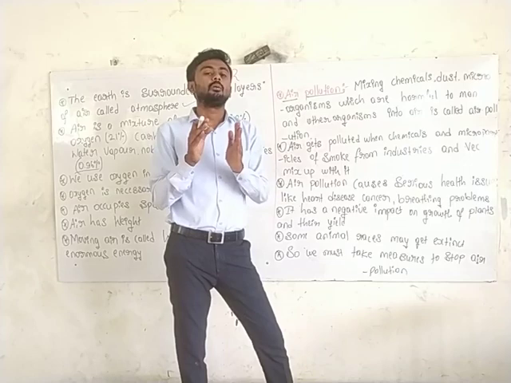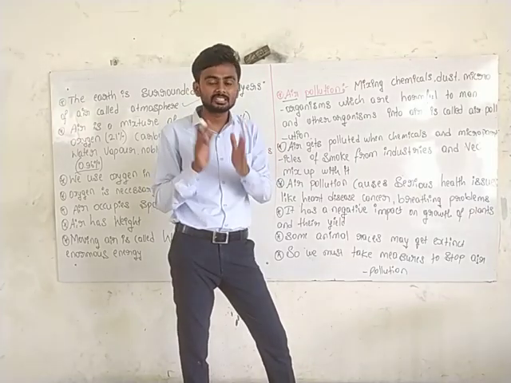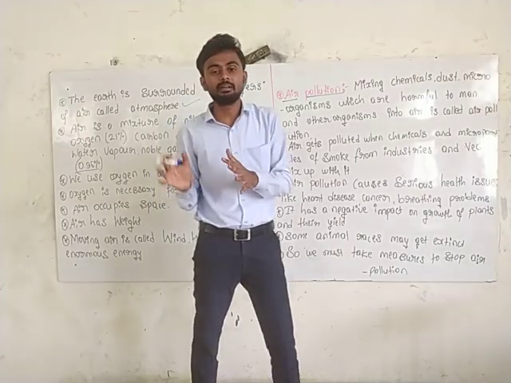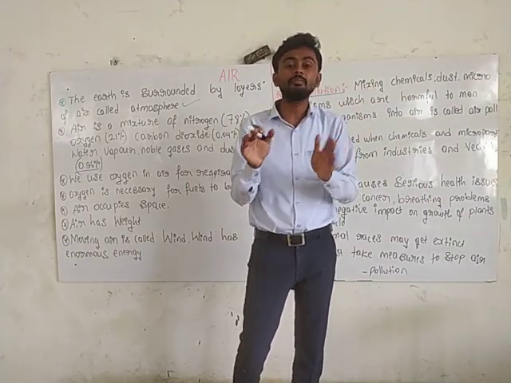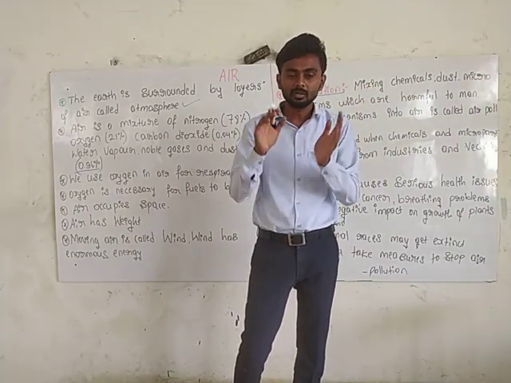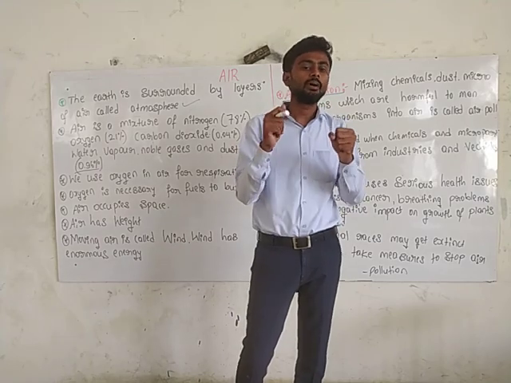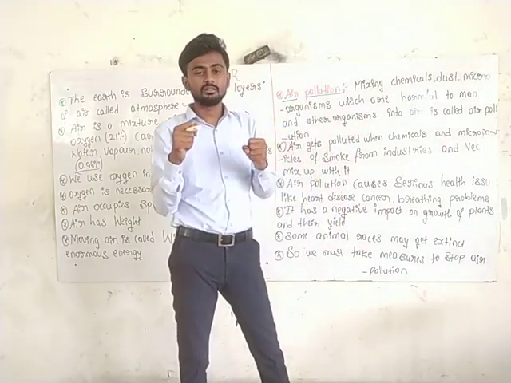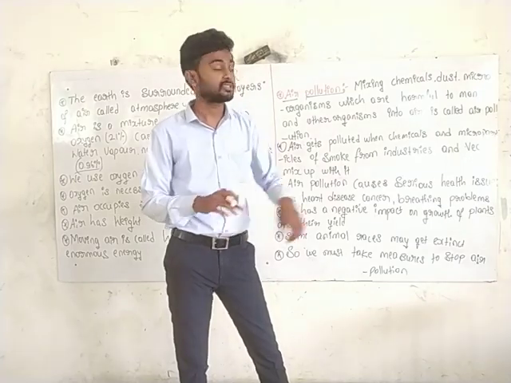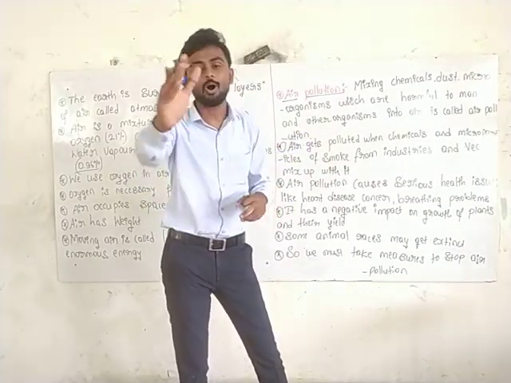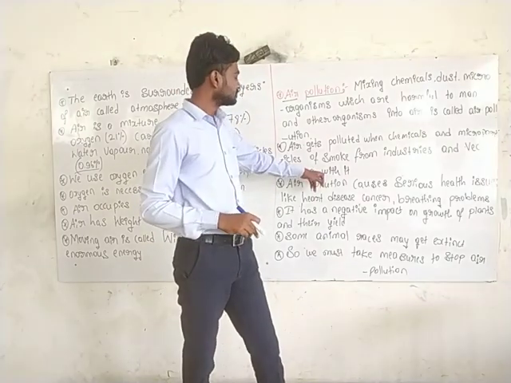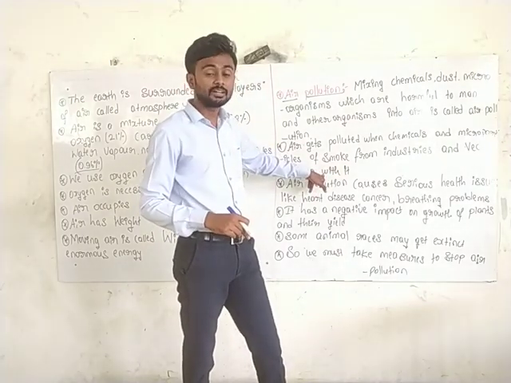The vehicle smoke and the industrial dust particles and the smokes are mixed with that good air. It means fresh air. That time it will become polluted. It looks very dangerous. It affects man. It affects all types of living organisms. Which one? That is the polluted air.